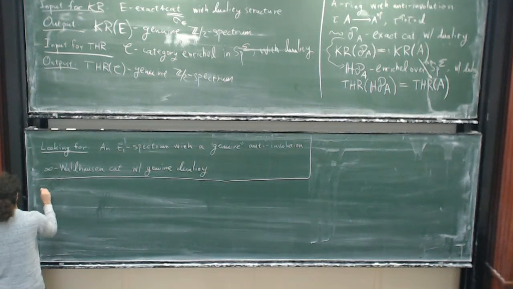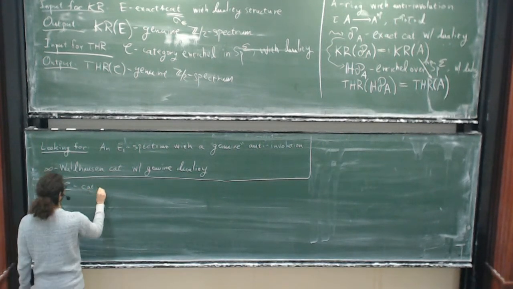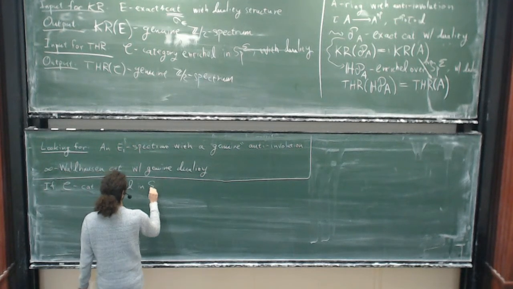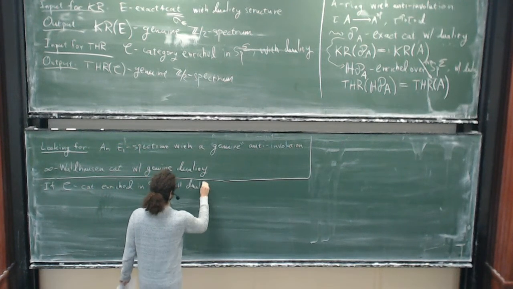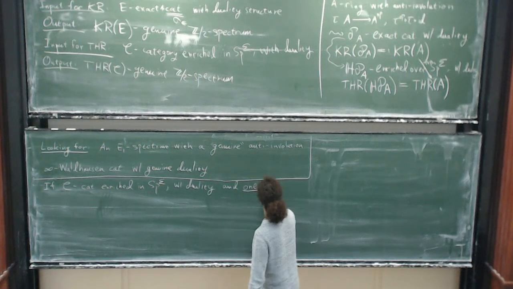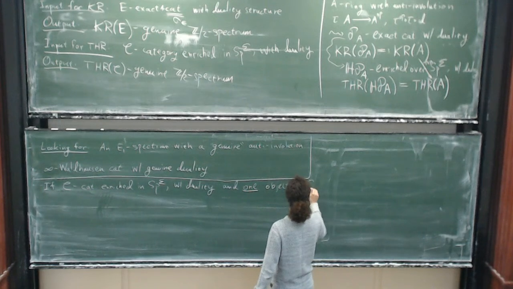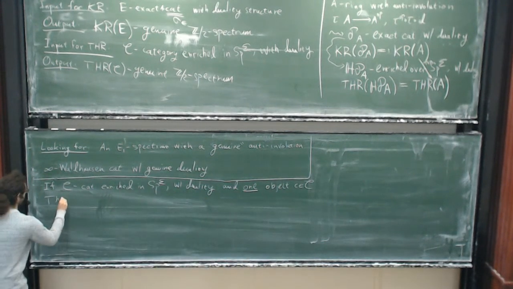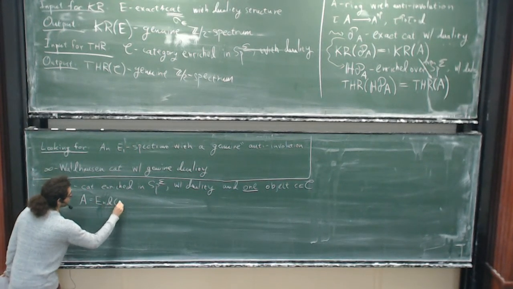So if C is a category enriched in symmetric spectra with duality and one object, let's call it C. We can denote by A the endomorphisms of this object.